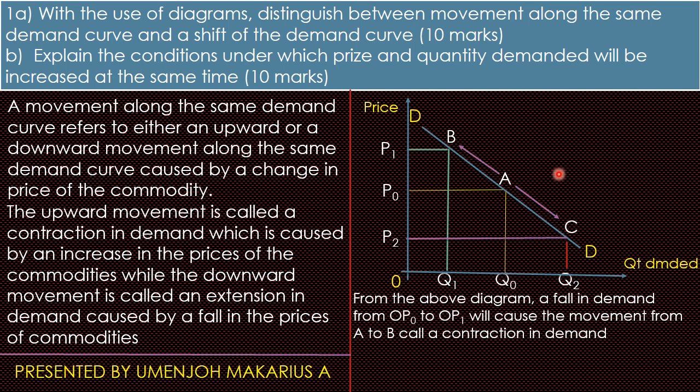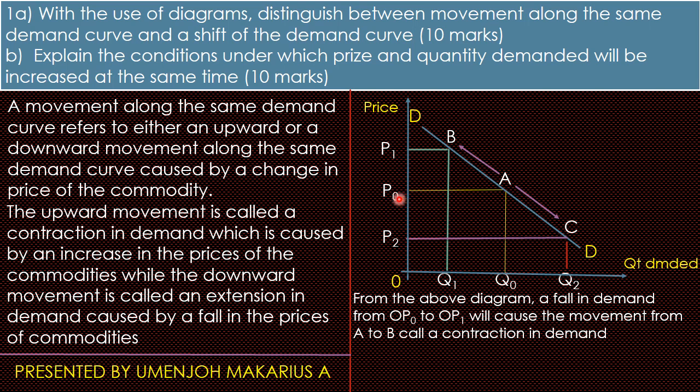Let's continue. So friends, let's explain what the graph is talking about. We can see from the above diagram, a fall in the quantity demanded from OP0 to OP1, guys, will cause a movement from A to B. We can see it from A to B, right?